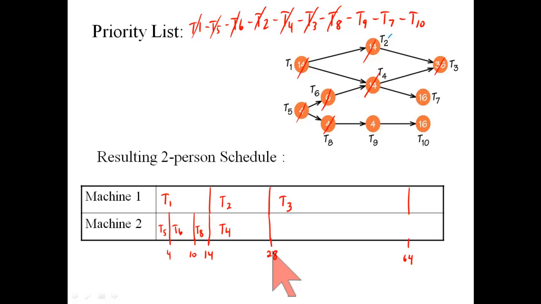At time 28, machine 2 can start task 9. It's a 4-minute job. And then task 7.